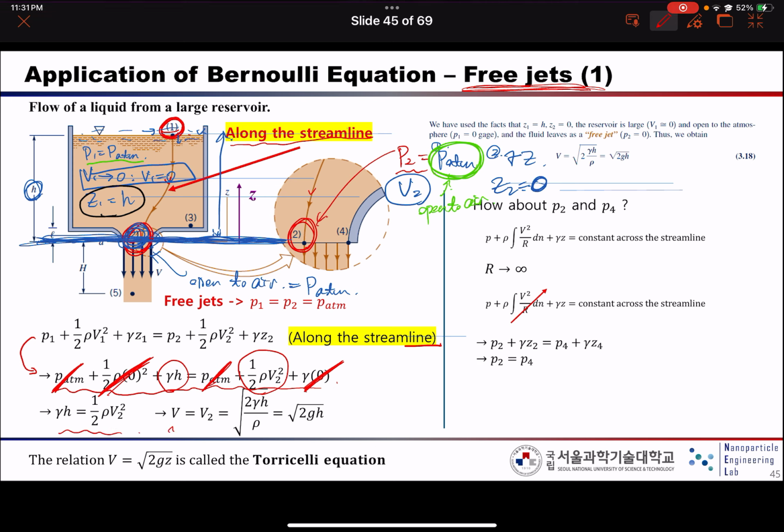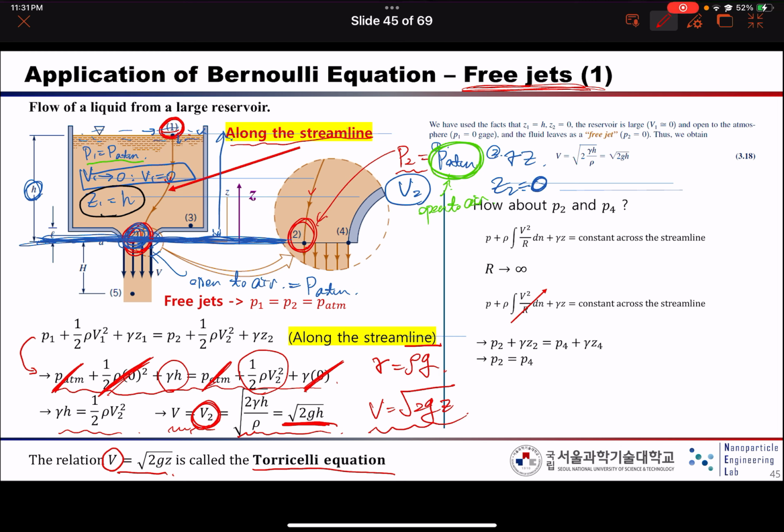Basically the velocity V2 equals the square root of 2 gamma H divided by rho. Here gamma is the specific weight, which equals rho times g, so V2 equals the square root of 2gH. This velocity we call the Torricelli equation: V equals the square root of 2gZ.